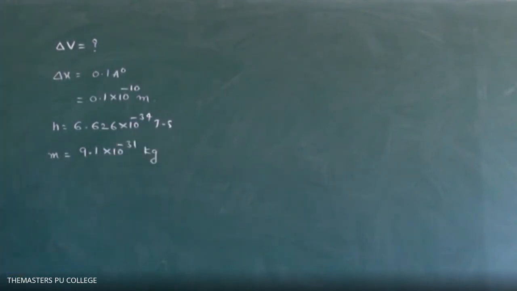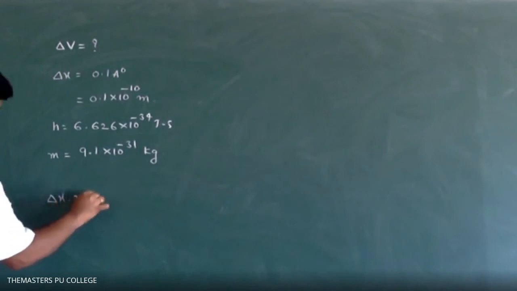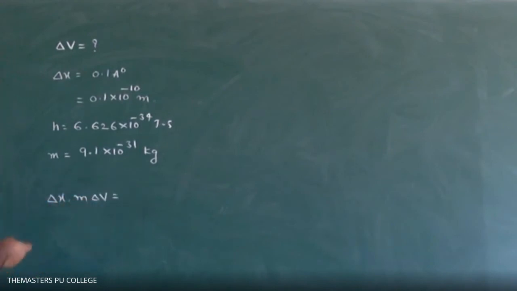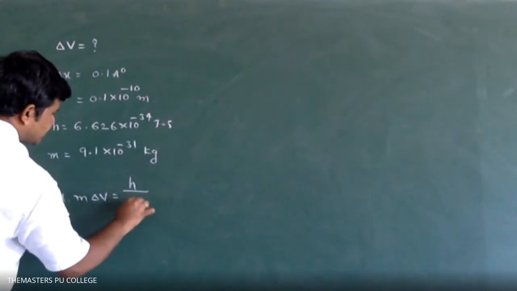What is the formula, children? Delta X into m into delta V is equal to h by 4 pi.